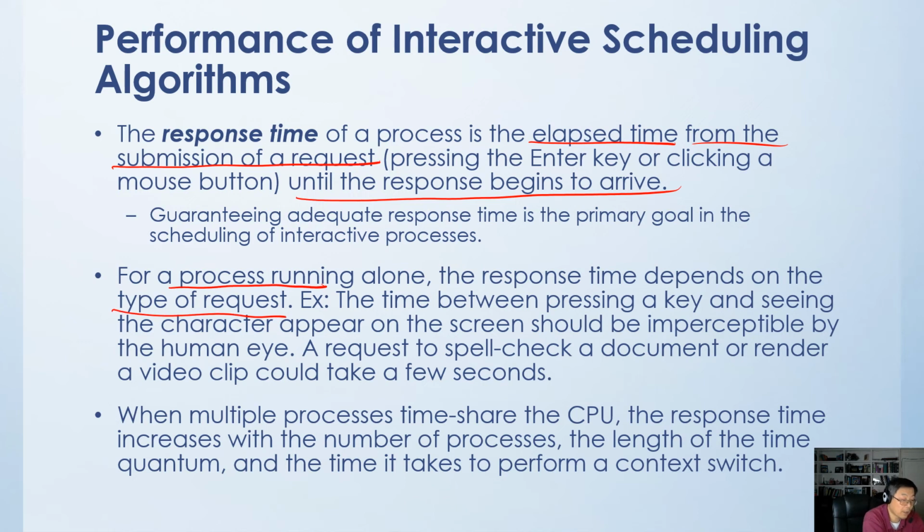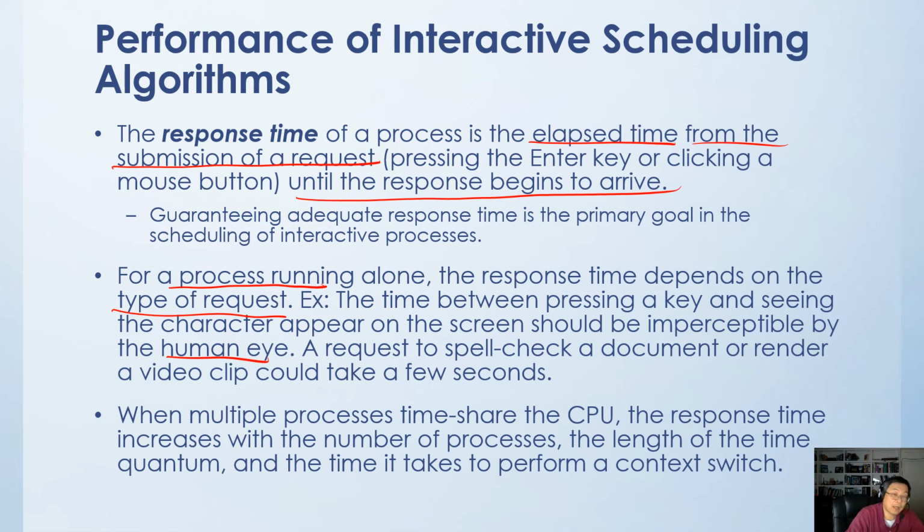For example, if you press a key and type certain characters, seeing the characters appear on the screen should be imperceptible to the human eye, so you're going to see it appear immediately. Now, a request to spell check a document or render a video clip could take a few seconds.